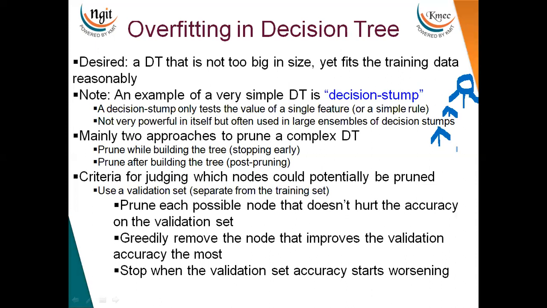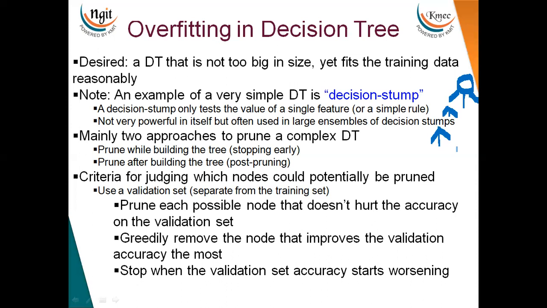Imagine how big that decision tree will be. If your decision tree is simple and is developed using only a single feature, then it is called a decision stump. The disadvantage of this decision stump is that it will cause overfitting. Pruning is a solution to avoid overfitting.